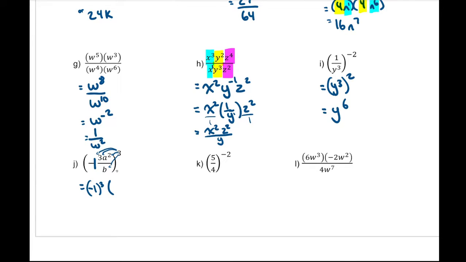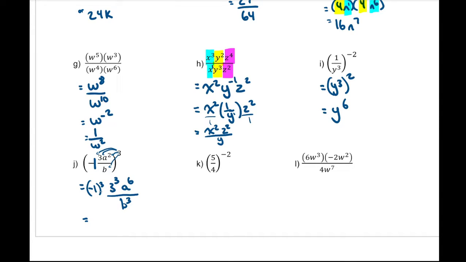times 3 to the power of 3, times a squared to the power of 3, power to a power, multiply, a to the power of 6, and then divided by b to the power of 3. Now I just need to simplify a bit.